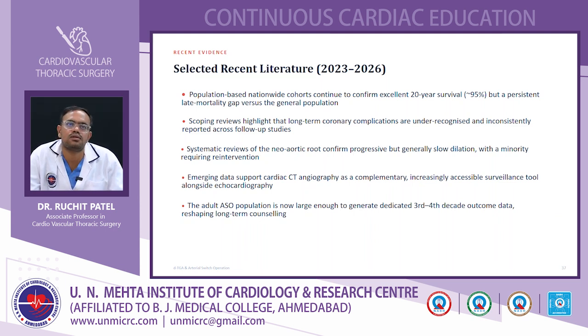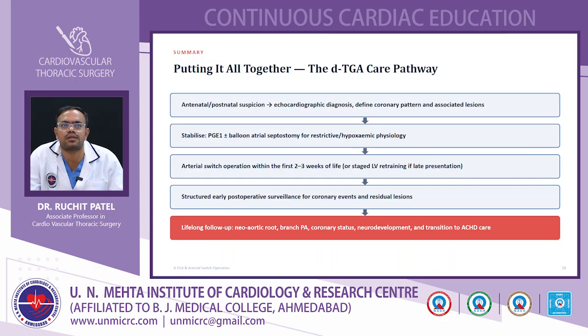So putting all this together, the care pathway: any antenatal or immediate postnatal suspicion, confirm the diagnosis, define the coronary patterns and associated lesions, stabilize in cases of extreme cyanosis with prostaglandin and balloon atrial septostomy in restrictive hypoxemic physiology.